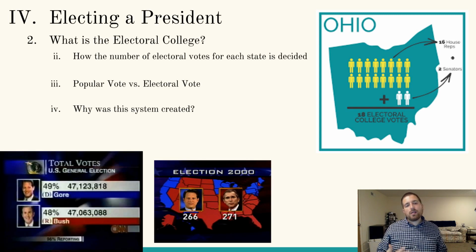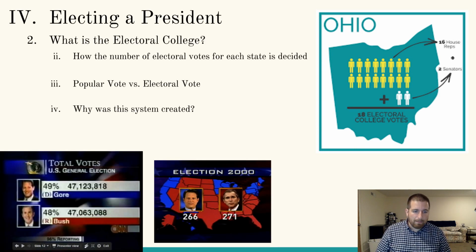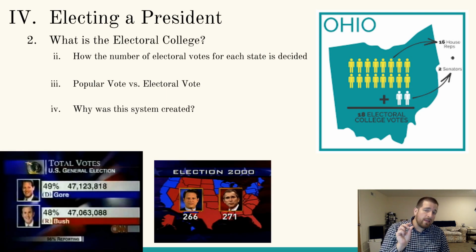The most recent being in 2000 between Al Gore and George W. Bush. If you see these two pictures here at the bottom, on the left we have the popular vote. As you can see, Al Gore has the edge in the popular vote. It's a very slim edge, but more people voted for Al Gore than they did George W. Bush.